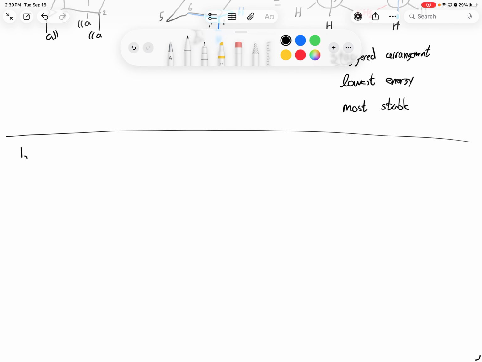Okay, 1-3 diaxial interactions in substituted cyclohexanes.